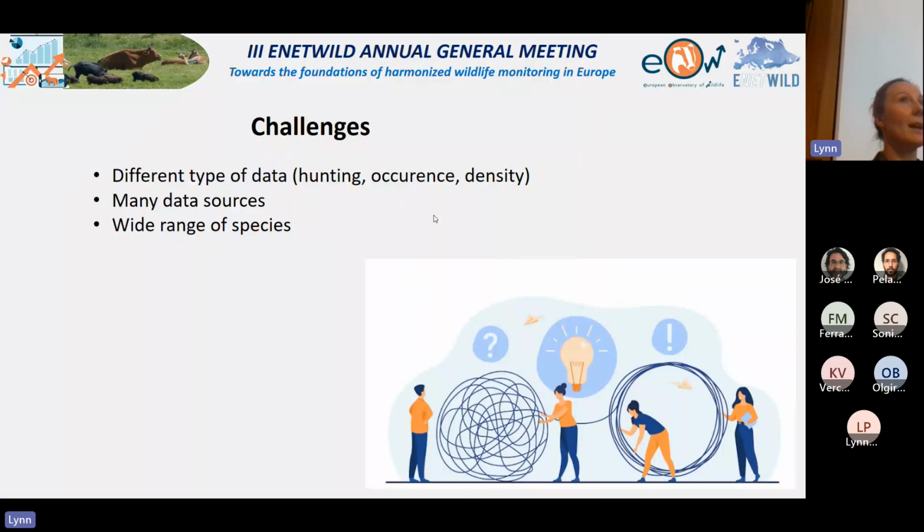If you want to group that and get quite good information out of those three different types of data, it's not so easy. Also, the problem is that there are many data sources.